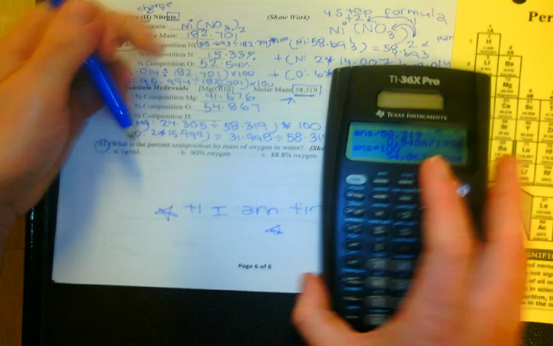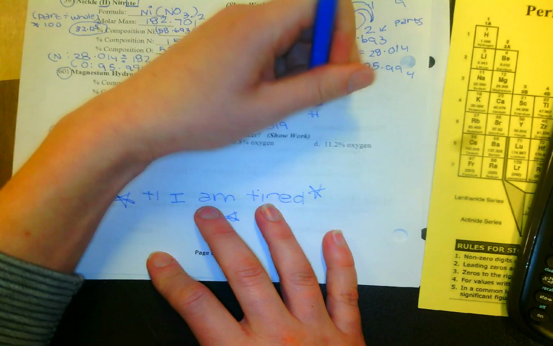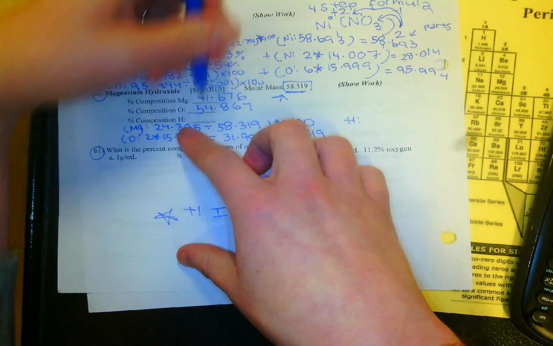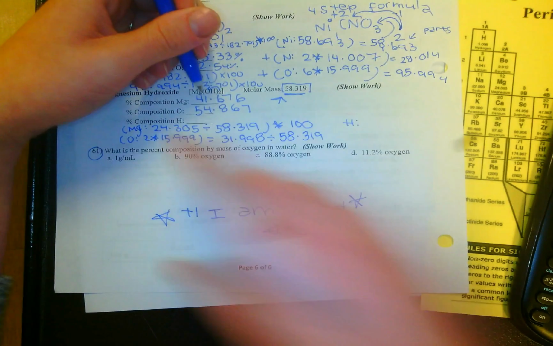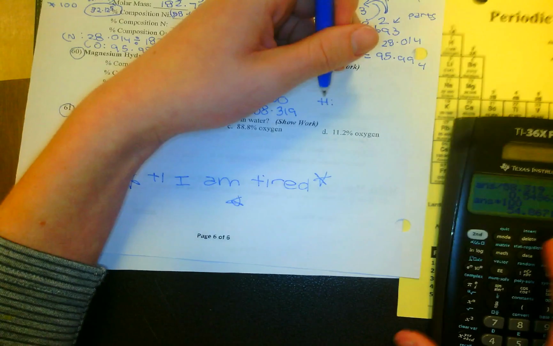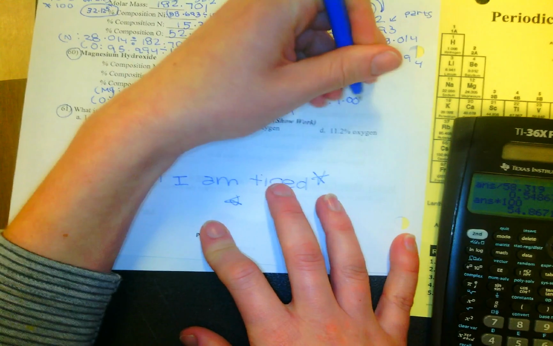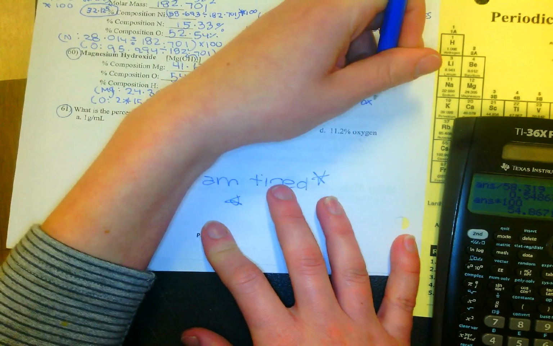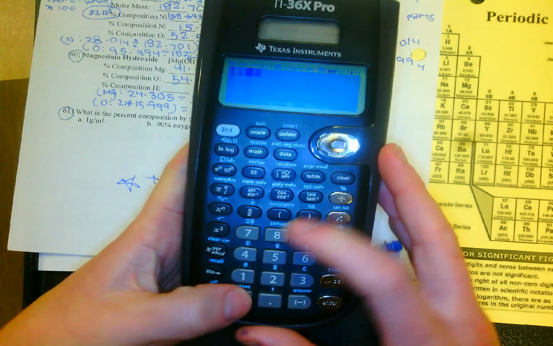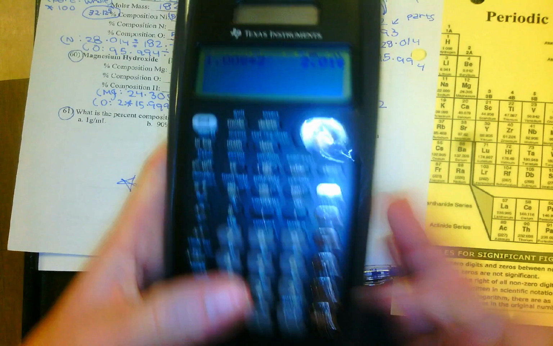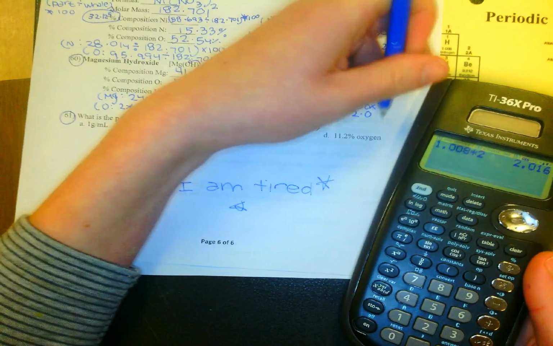54.867. And now last we need hydrogen. And we have 2 hydrogens, we know, because this 2 distributed. So for hydrogen, we're going to say the weight of hydrogen, which is 1.008 times 2, which is 2.016.